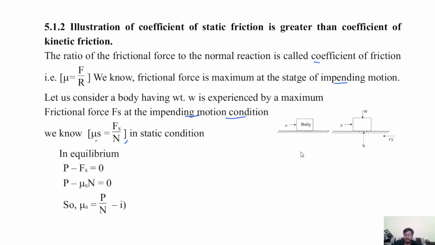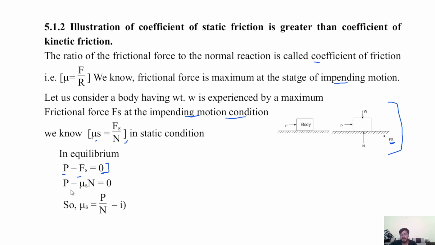So in equilibrium, we can see here in this figure, P force is acting rightward. So P, rightward direction positive, and this Fs is the friction force that acts in opposite direction to the applied force P. So P minus Fs is equal to 0. 0 means there is no movement, there is no motion, there is static condition.